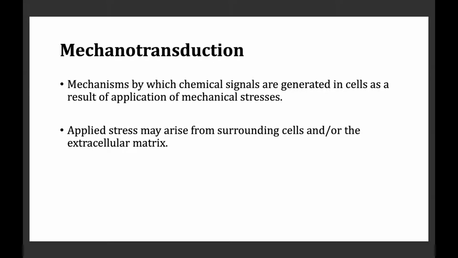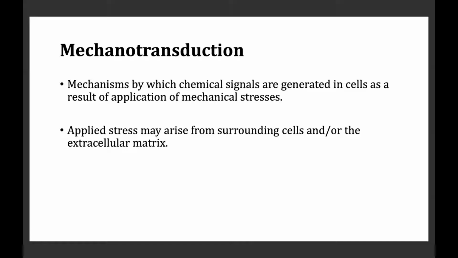So like I said earlier, mechanotransduction basically means mechanisms by which chemical signals are generated in cells when you apply mechanical stresses. Stresses are just when you apply force to a particular area of the cells.